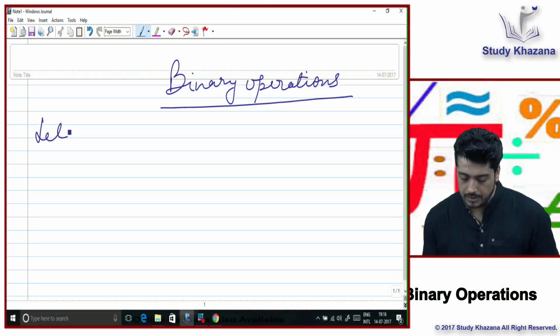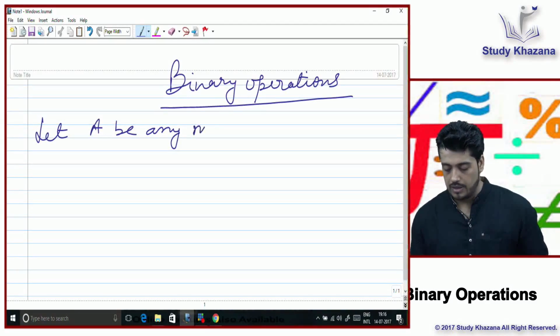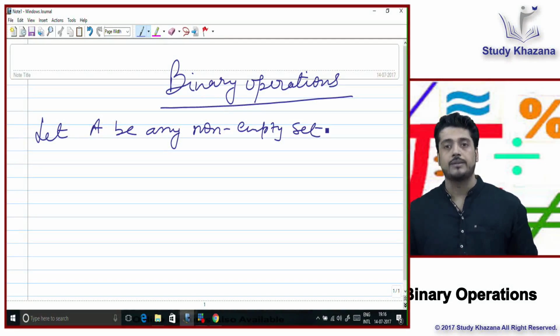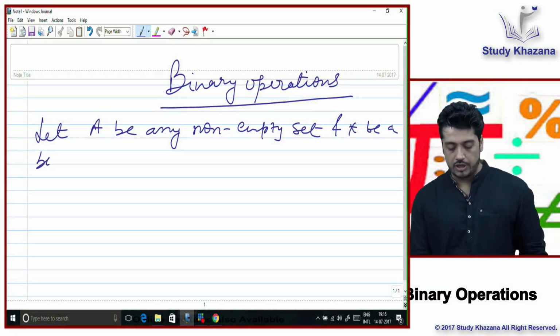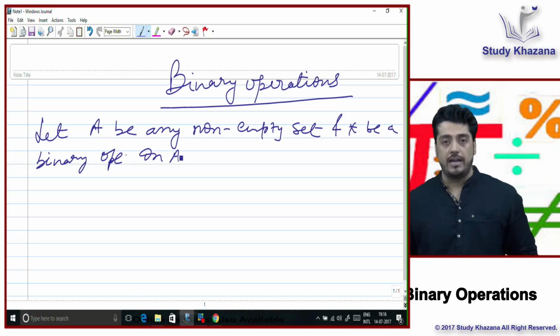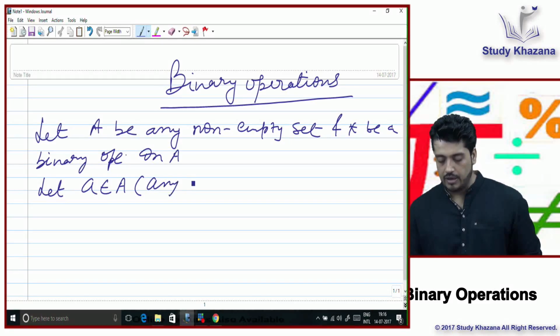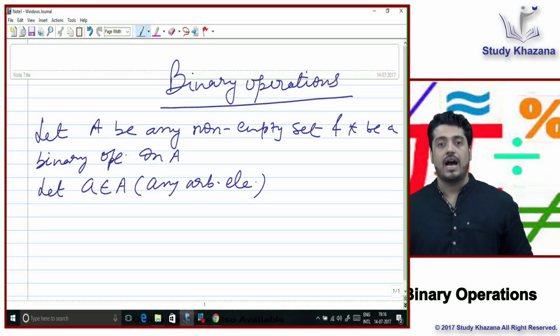Let A be any non-empty set and star be a binary operation on A. Let a belongs to A be any arbitrary element.